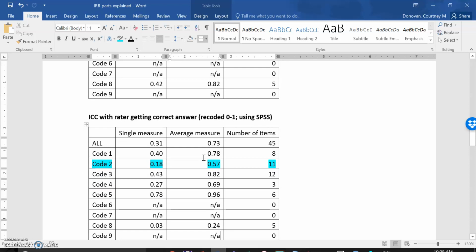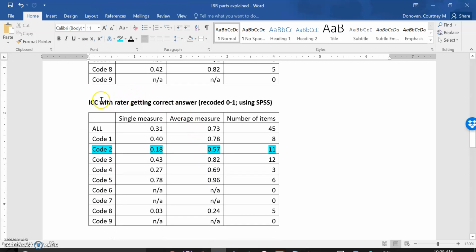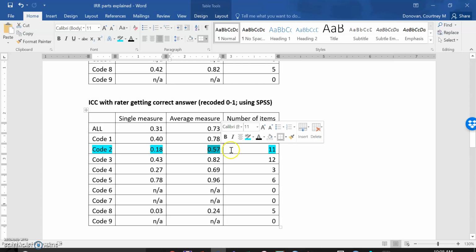Then we go back and calculate it again, and now we're looking at, are the raters agreeing with the correct answer? Looking back at code 2, we're seeing a correlation of 0.57, which is not an ideal correlation. That's only moderate. We would want a 0.7 or above to be a strong relationship. We interpret them the same way here. So for code 2, overall the raters are not agreeing with the correct answer.